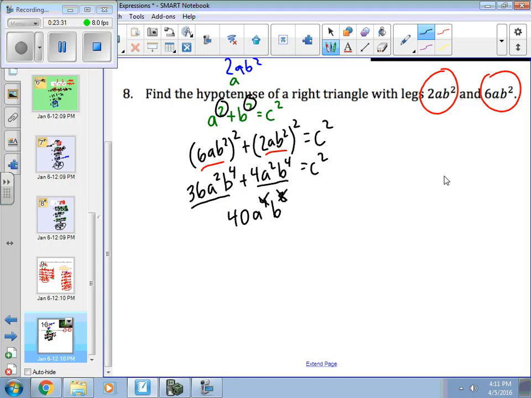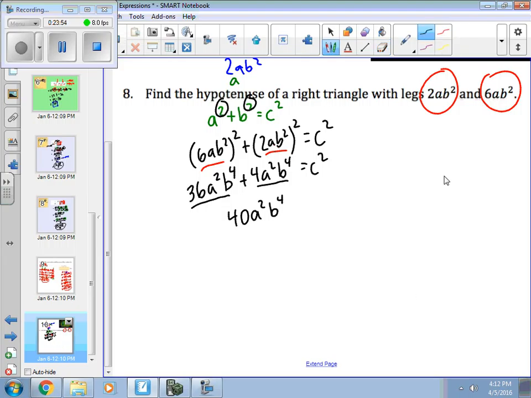You're not increasing the powers when you're adding like terms. You want to keep them the same. Just like if I asked you what's 3x plus 5x, that's 8x, not 8x squared. We won't do that. It's just 8x. You're just adding like terms. So the variable shouldn't change when adding and subtracting.